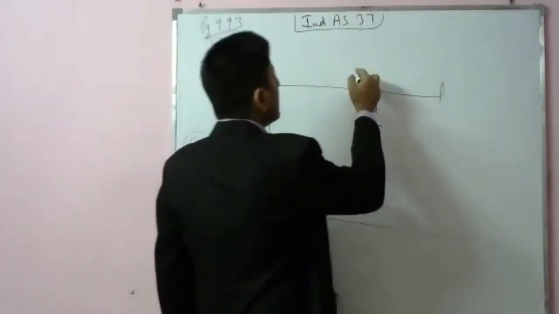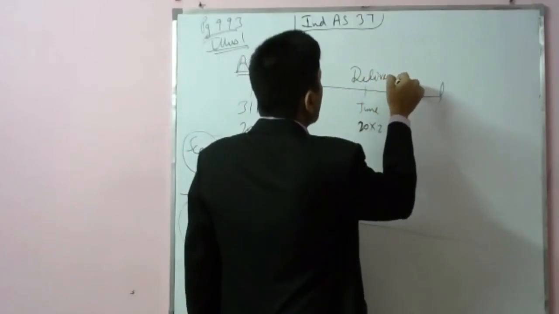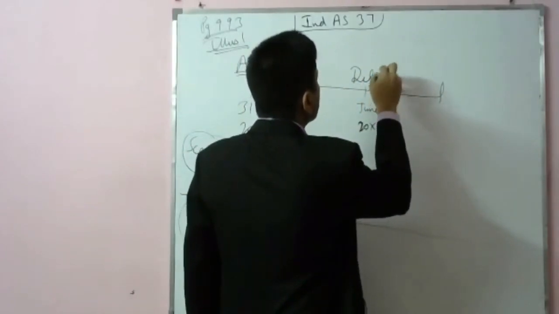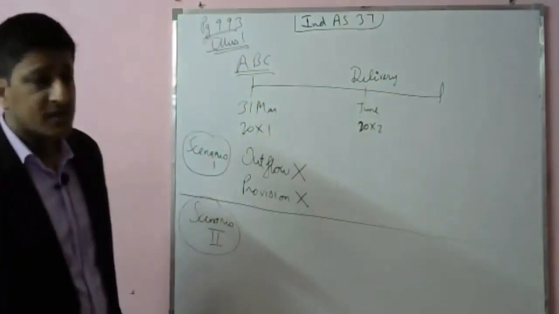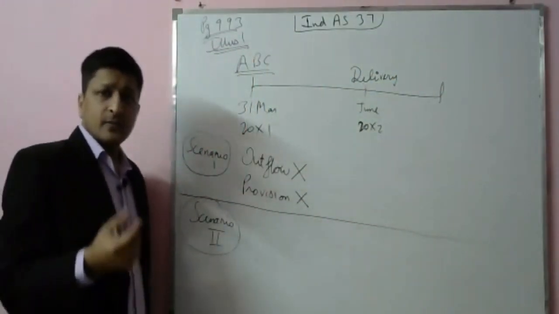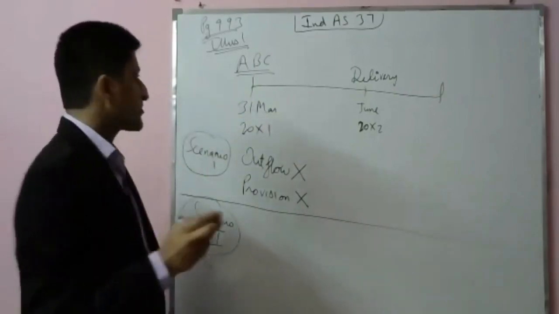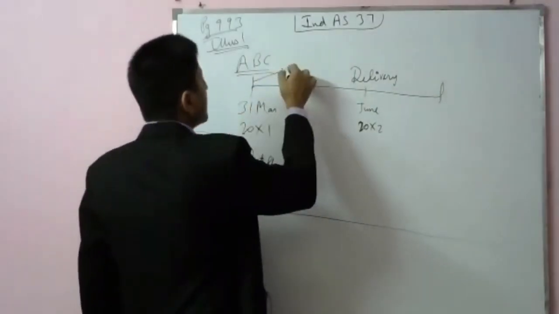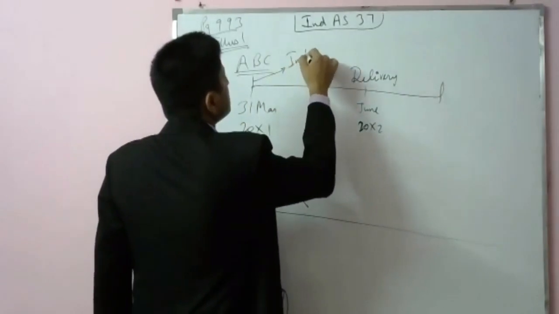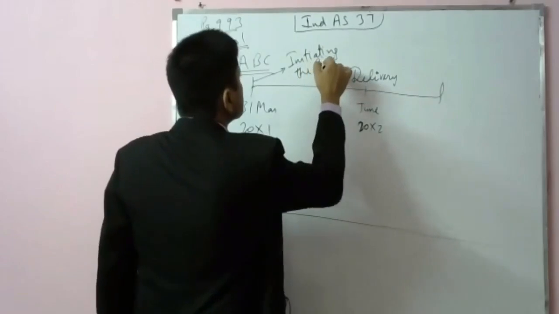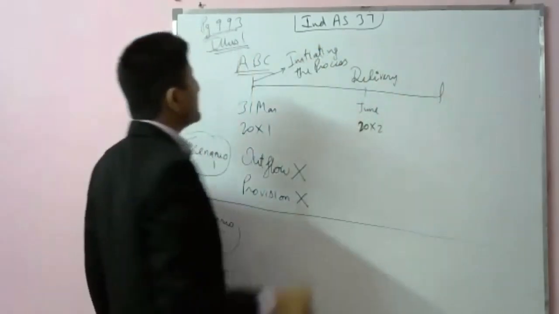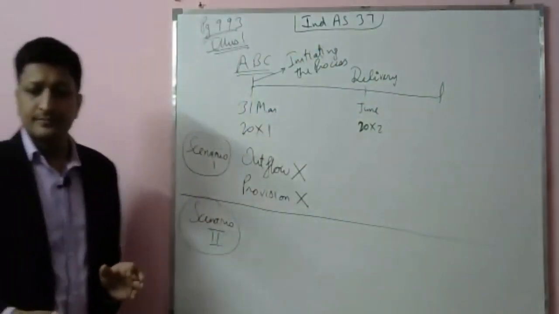So there are two things which are required to be met. One is delivery on this date. Second is initiating the process on this date.